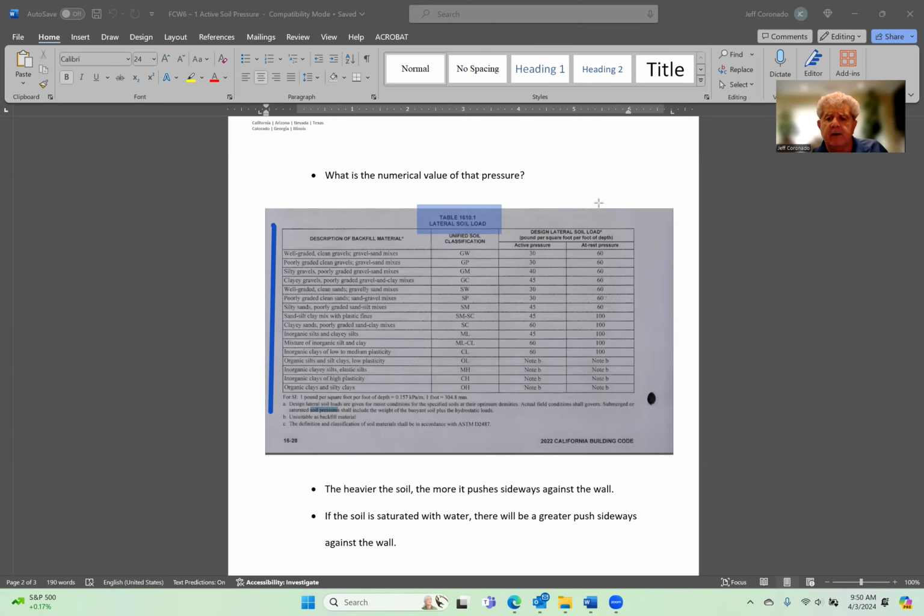So you're just looking for lateral soil load, active pressure, anything like that, is what you would be able to use for the equivalent fluid pressure on your retaining wall. If you don't have a soils engineer to give you that kind of information, and you have a smaller project, there's a real good chance that the code allows for these prescriptive values. It depends on the type of soil, as you can see here. Now, let me see if I can clear this.